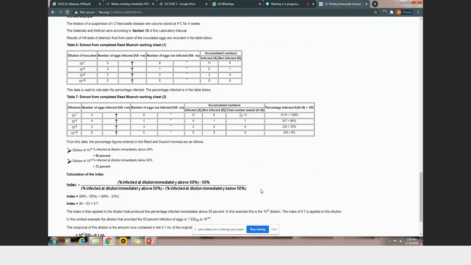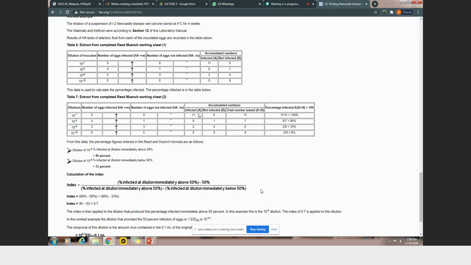After that, you need to add the infected and non-infected for each dilution. So here you will get 11 for dilution -7; dilution -8, you get 7, 6 plus 1; 2 plus 4, you got 6; and 0 plus 9, you got 9. So basically, what do A and B indicate?